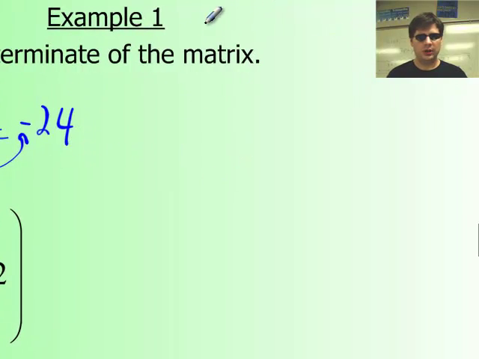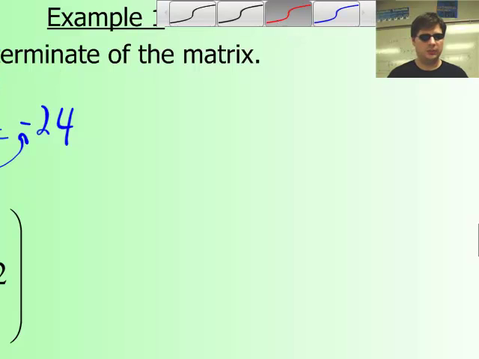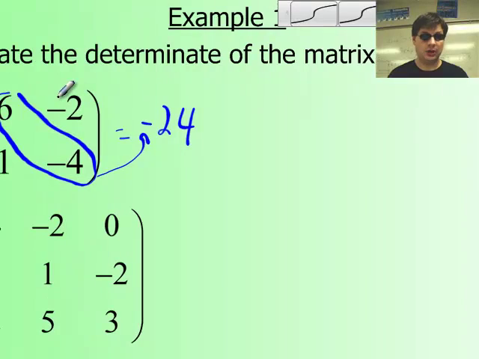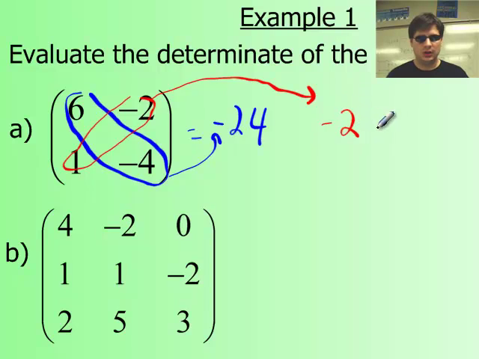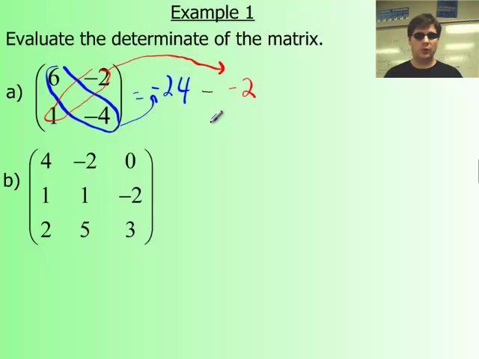Then I'm going to multiply on the upward diagonal with +1 and -2. And that's going to go here. So that'll give us a -2. Recall, we're going to be subtracting. So we're saying -24 minus -2. In other words, -24 plus 2, which gives us a determinant of -22.